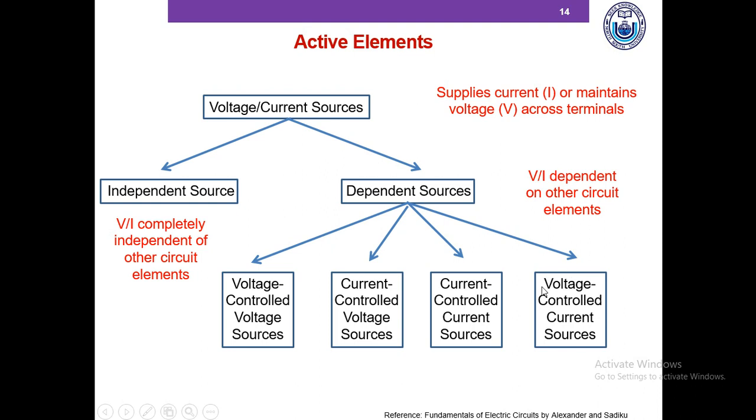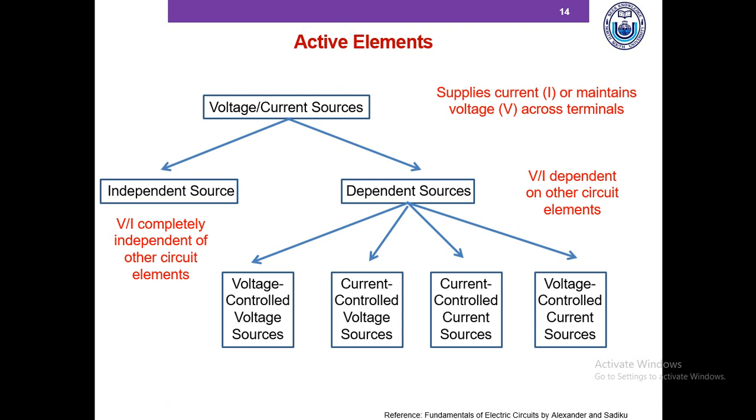We can see that the first 2 categories are voltage sources, but the first dependent voltage source here, this box here, is controlled by the voltage of another element in the circuit. And the second voltage source here, the second box here, is controlled by the current of another element in the circuit. So they are called voltage control voltage source and current control voltage source, respectively.